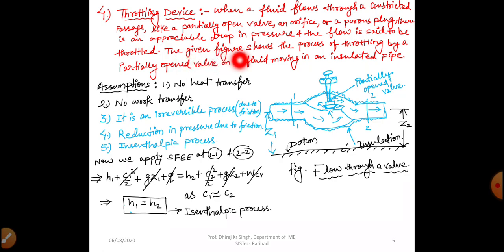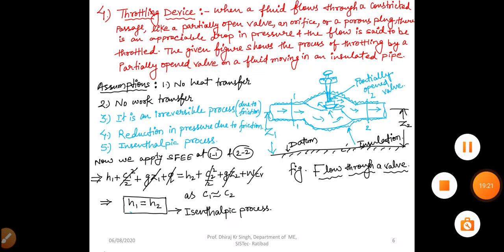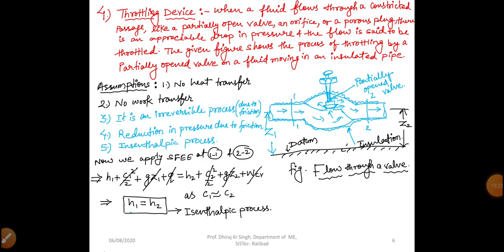The given figure shows the process of throttling by a partially open valve on a fluid moving in an insulated pipe. So this is our insulated pipe, where heat transfer from system to the surroundings is zero, and this is the partially open valve.